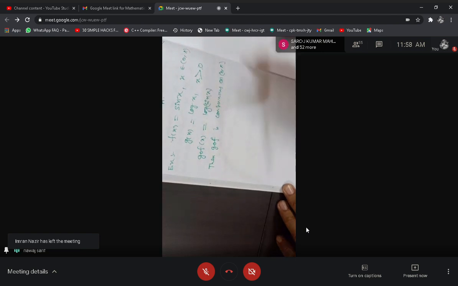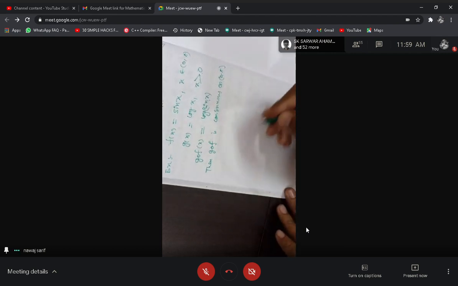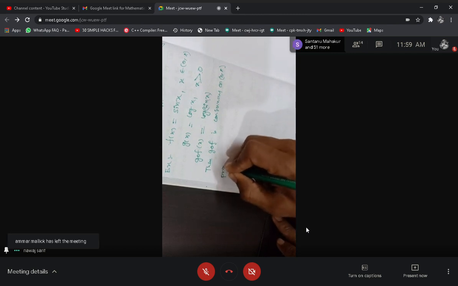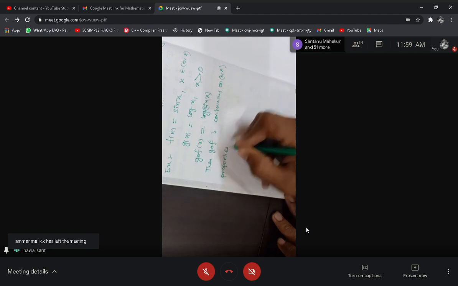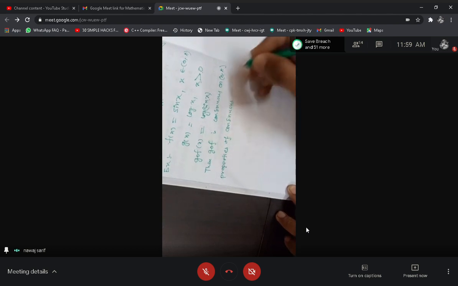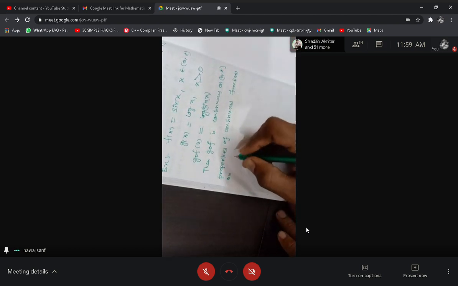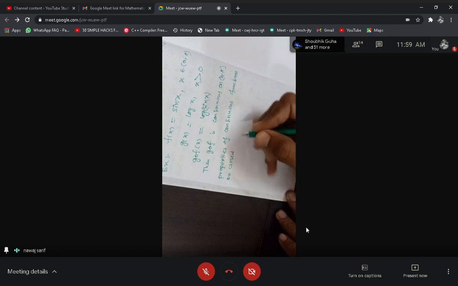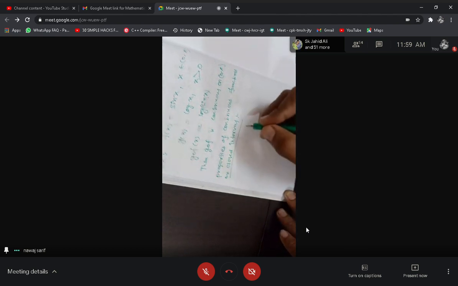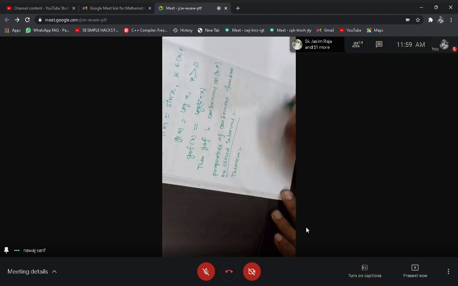So now write down some basic properties of continuous functions on a closed interval. Theorem 1.